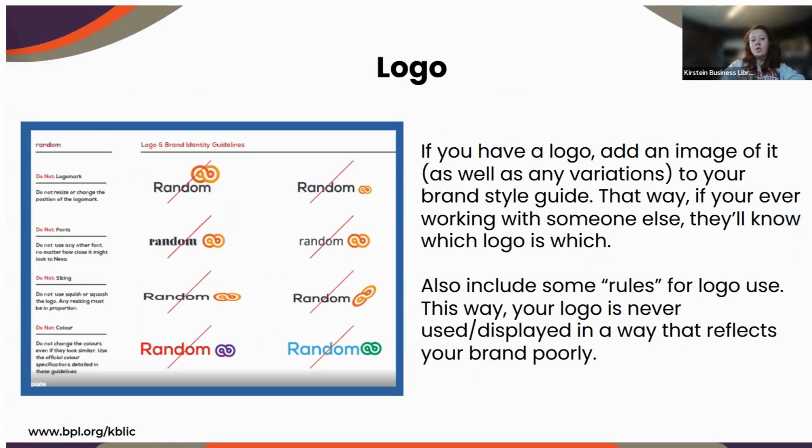You'll also need to have things like, here's how the logo can look and here's how it can never look. If your logo is being distributed to other partners to use, you want to make sure that it's the correct logo, in the correct colors that you've approved, in the correct fonts you've approved, things like that, because brand recognition is really important.